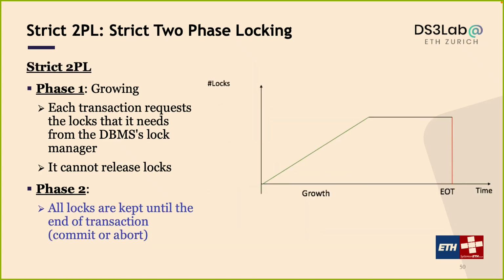If you look at the number of locks you have in strict two-phase locking for each of those transactions, you see this growing phase. The number of locks that this transaction has monotonically increases, and then it doesn't change anymore after phase 1. Toward the end of the transaction, suddenly I release all the locks. This is strict two-phase locking.